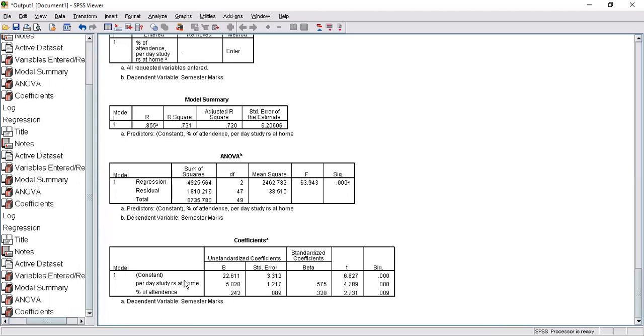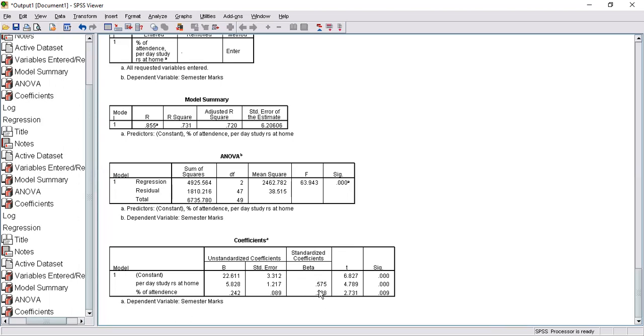So if you want to compare which of many independent variables is affecting the dependent variable more, we see the standardized beta coefficient.